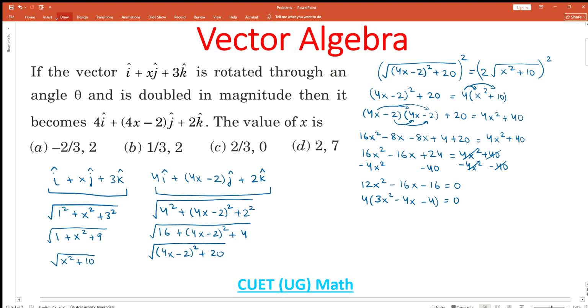We have to find two numbers whose sum is -4, the coefficient of the x term, and product is 3 times -4, which is equal to -12. The two numbers that satisfy these two requirements are -6 and 2.